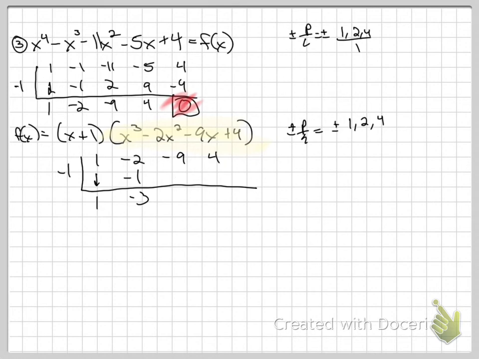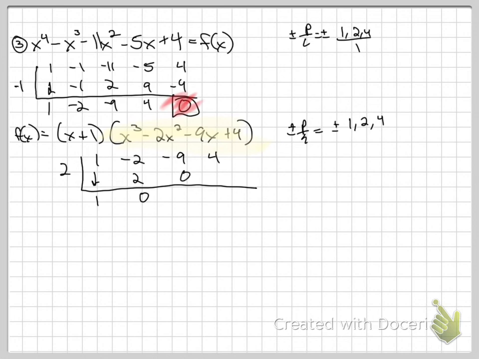-6, that's not going to work. Then +1: -10, not going to work. -2: almost, but no. Positive 2: nope.